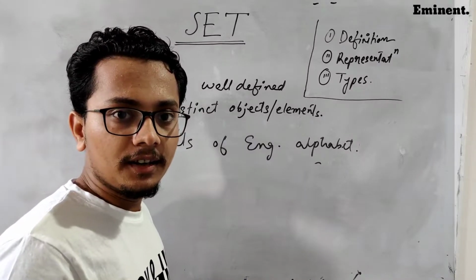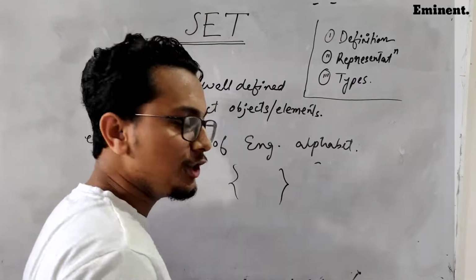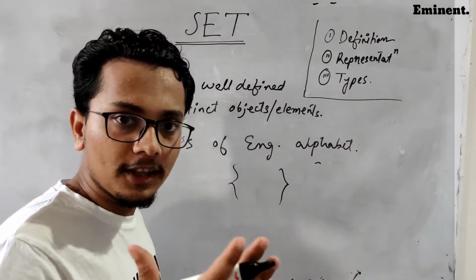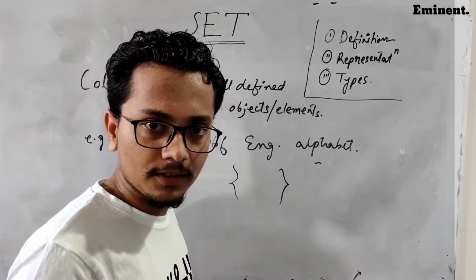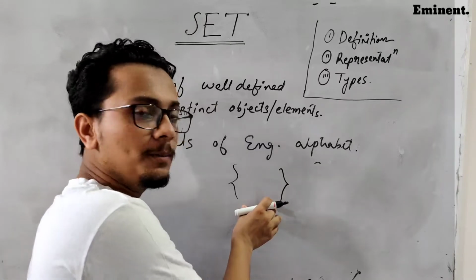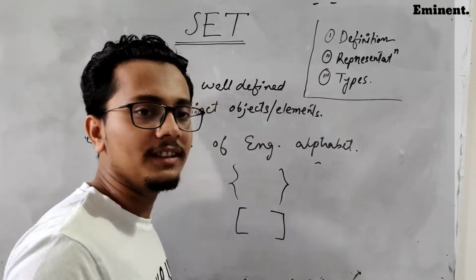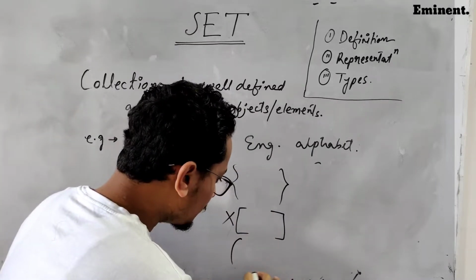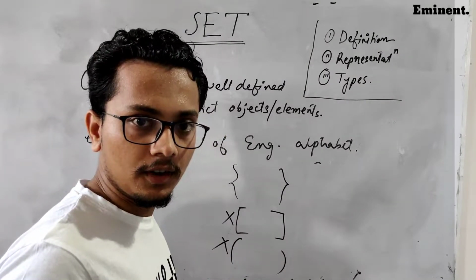Whenever you will write a set within these braces, you have to write, okay? Whatever the elements, whatever the objects you have, within these braces you have to write these objects. Then it will be a set. If you write within this bracket, then it will not be a set. Your answer is wrong. If you write within this bracket, then also your answer is wrong. Understood?